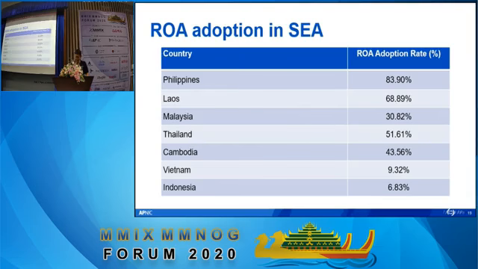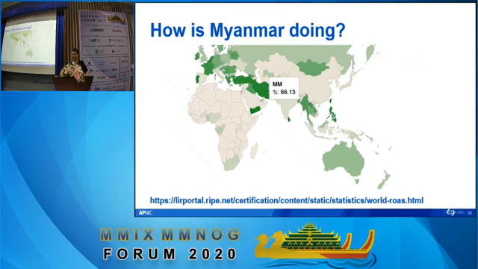Okay, so let me show the answer to you. How is Myanmar doing? Myanmar is doing quite well with a 66.13% ROA adoption rate. I got this maybe one week ago. I think it's pretty accurate as of now.